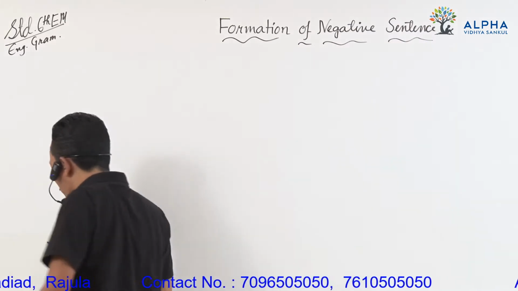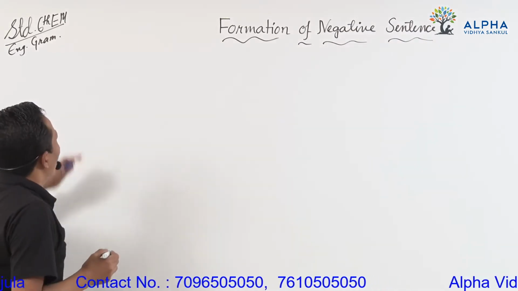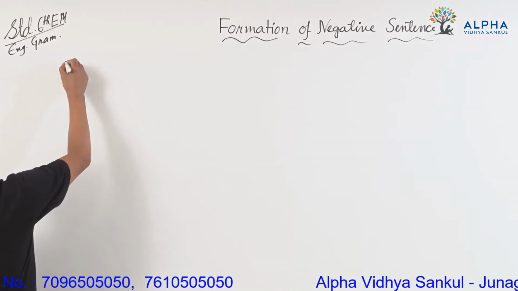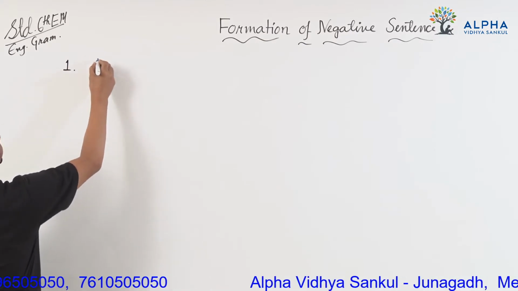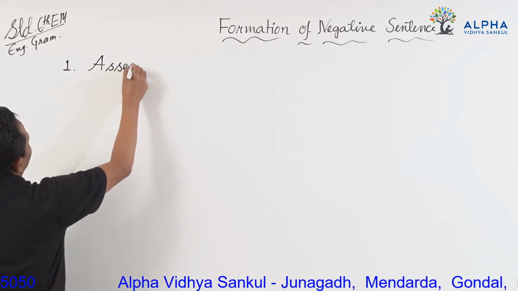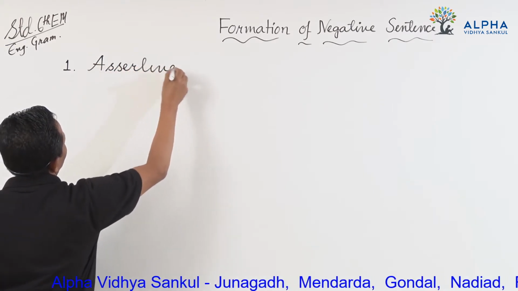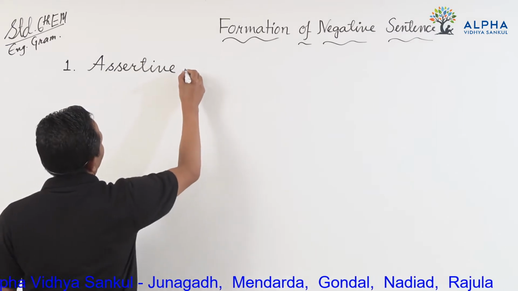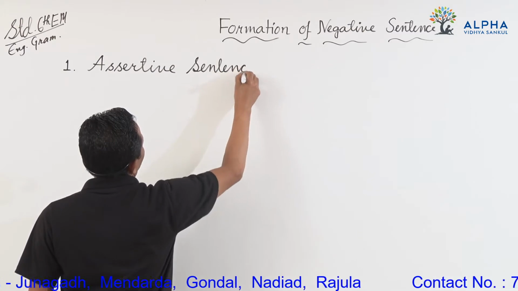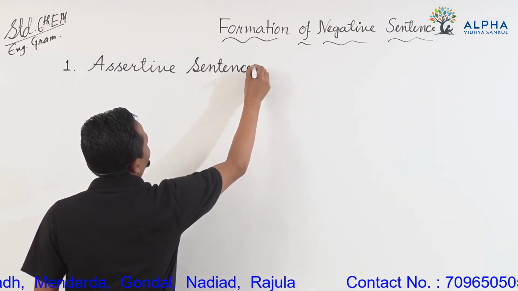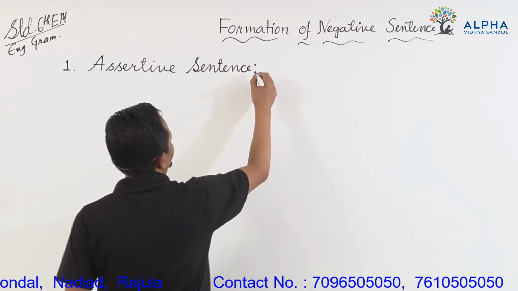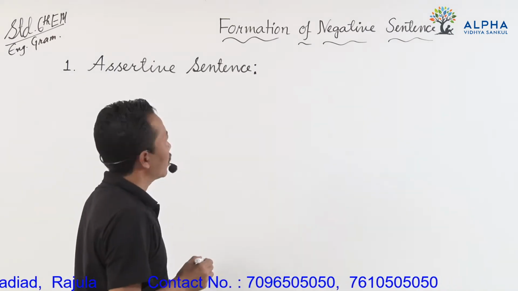See students, now I am going to write a type of sentence. What is it called? It is called assertive sentence. This assertive sentence has two kinds.